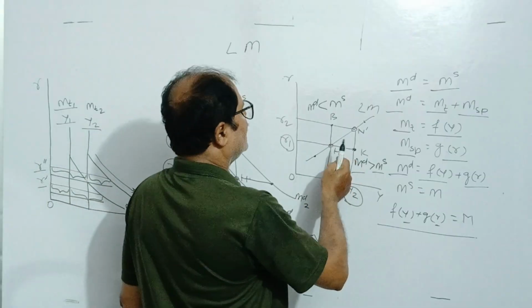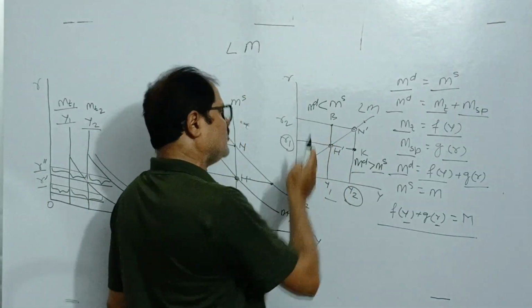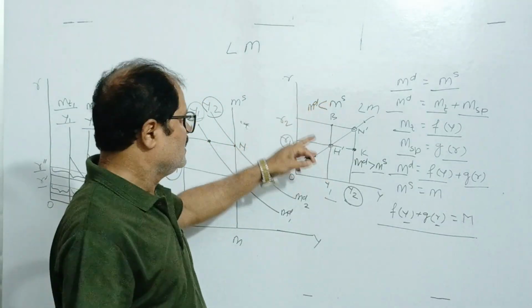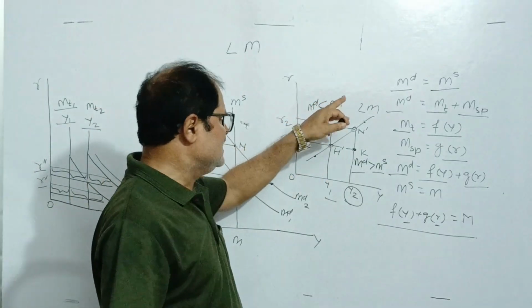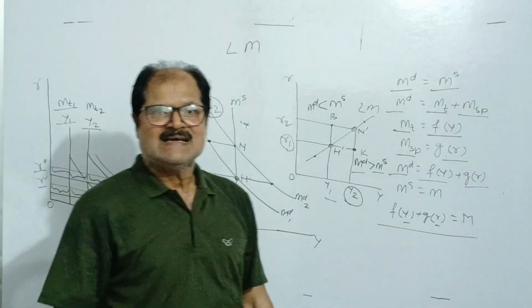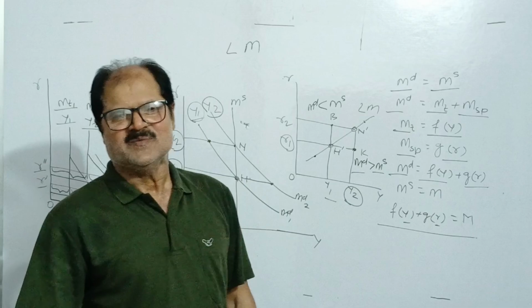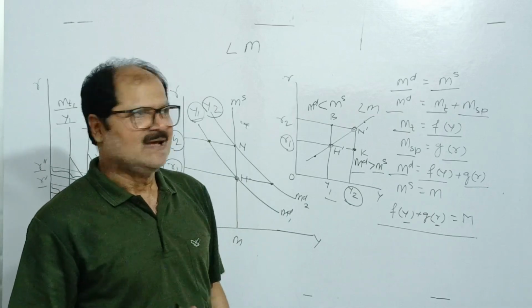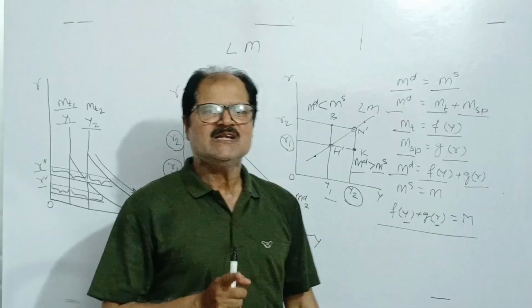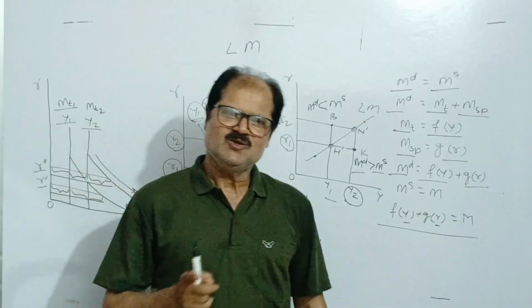Similarly, when we are at any point above the LM curve, then demand for money is less than supply of money. That is, there is excess supply of money in the money market. And at all points along the LM curve, money market is in equilibrium.